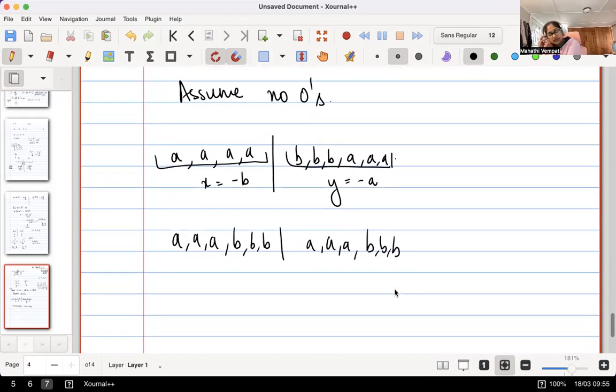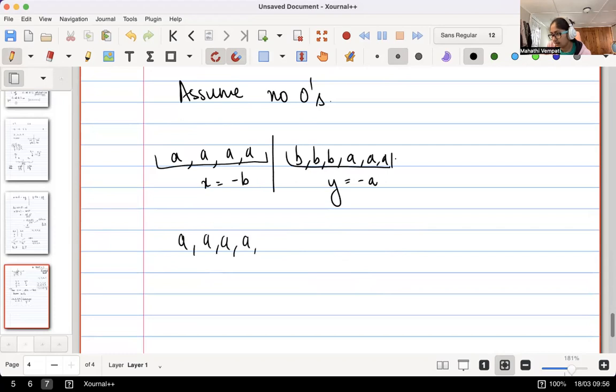Something like this. Because if B gets exchanged with A, that's minus B. No, it can't be like this, because if A gets exchanged with B, this has to be minus. So if B comes in place of an A, no, it can't be like this. Has to be one guy with all same, and only one guy like this.